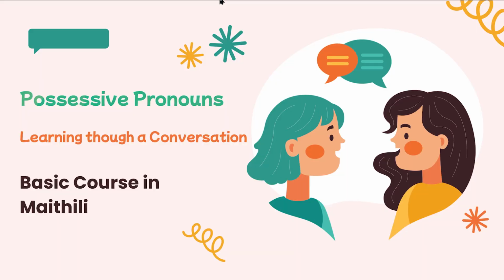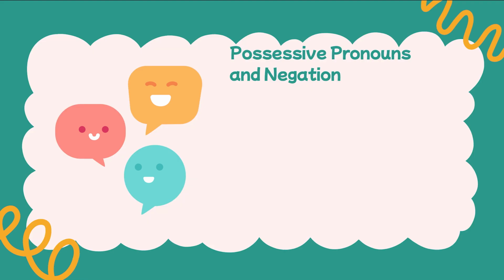Now we are into lesson number 6.4 where in this lesson we are going to talk again about possessive pronouns and learn it through a conversation, and also learn about how negation would work within sentences that have possessive pronouns. Earlier we were talking about simple sentences and negation was not there, so we would also be using negation to know how it works within simple sentences.